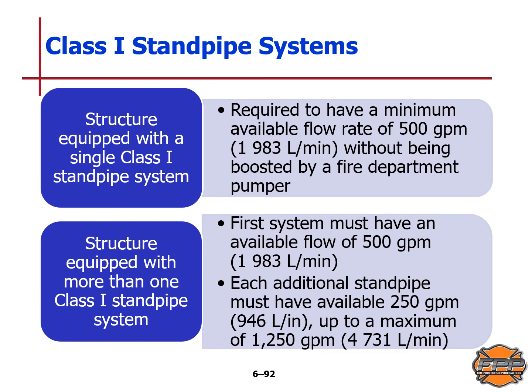The structure must be equipped with more than one Class 1 standpipe system. And a fire system must have an available flow of 500 gallons per minute or 1,983 liters per minute, and each additional standpipe must have available 250 gallons or 946 liters per minute, up to a maximum of 1,250 gallons per minute or 4,731 liters per minute.